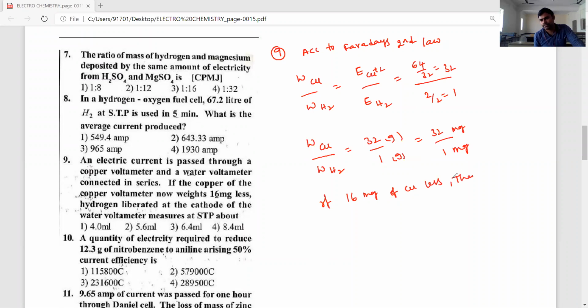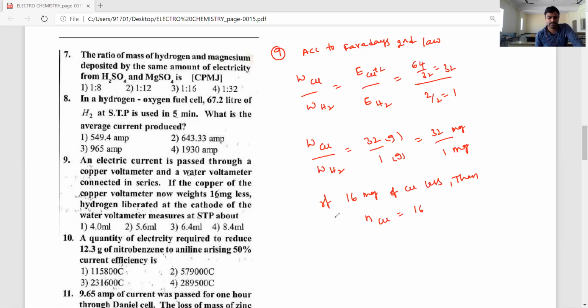Then the number of moles of copper decreased: actually 32 is present, and out of 32, 16 is missed, which means half a mole is decreased.